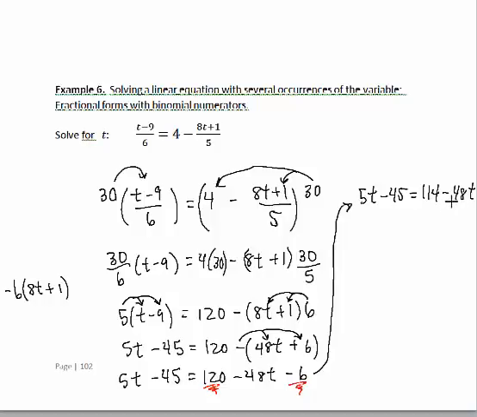So what we need to do now is combine the t terms that are on opposite sides of the equation. I will move the 48t. To do that, I want to move it to combine it with the 5t on the left. I have to add it.